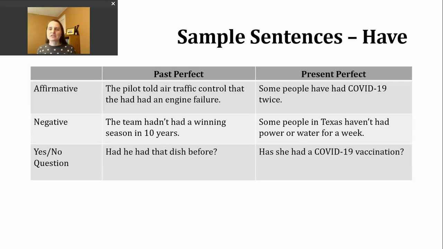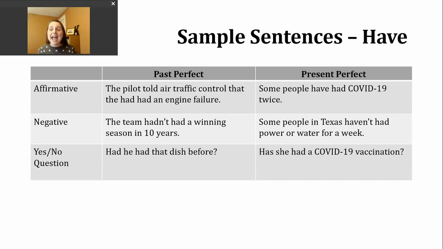To form this verb tense, I'm using a present form of have. So that's have if our subjects are I, you, we, or they. Or it's has, H-A-S, if our subjects are he, she, or it. And then we'll use the participle form. So here is an example sentence.